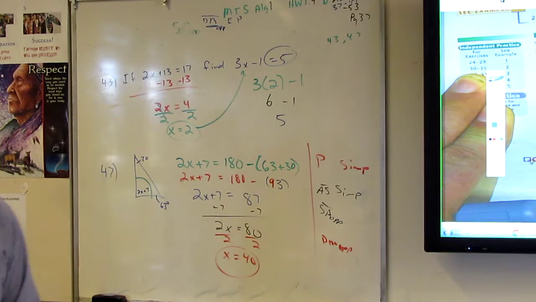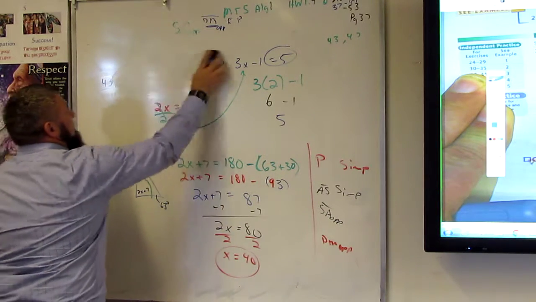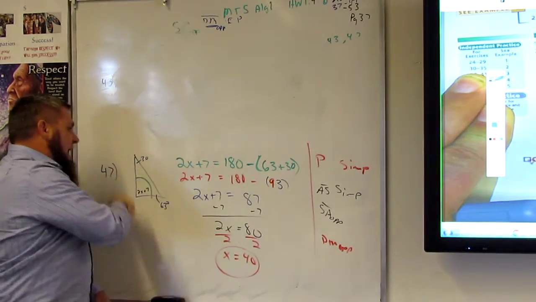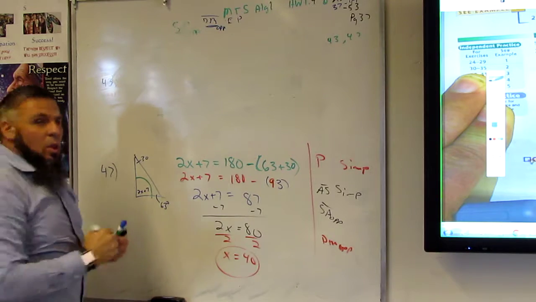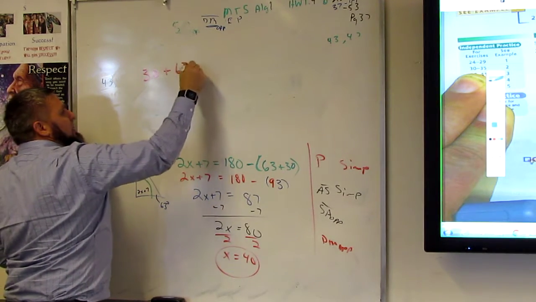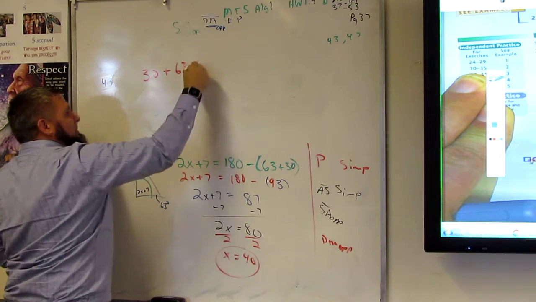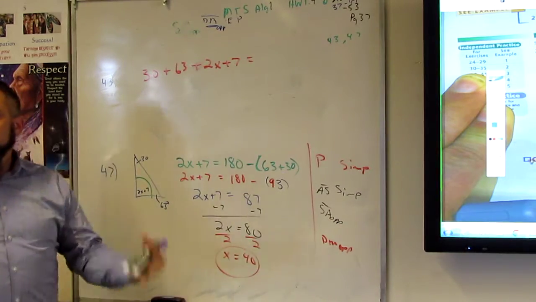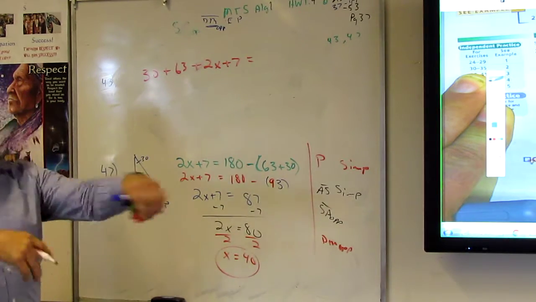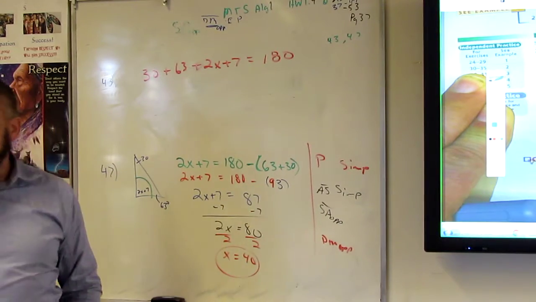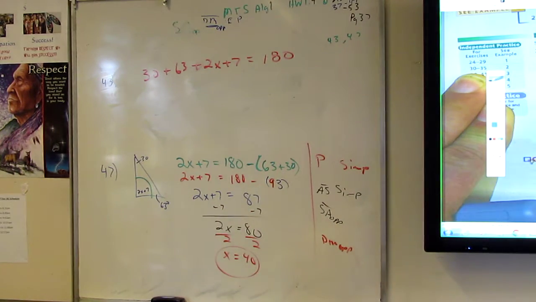Now, like what Sarah was saying, if we wanted to, we could have just added these angles all up. We could have said 30 plus 63 plus 2x plus 7 equals 180, since all the angles add up to be 180. Then you would do the same thing.